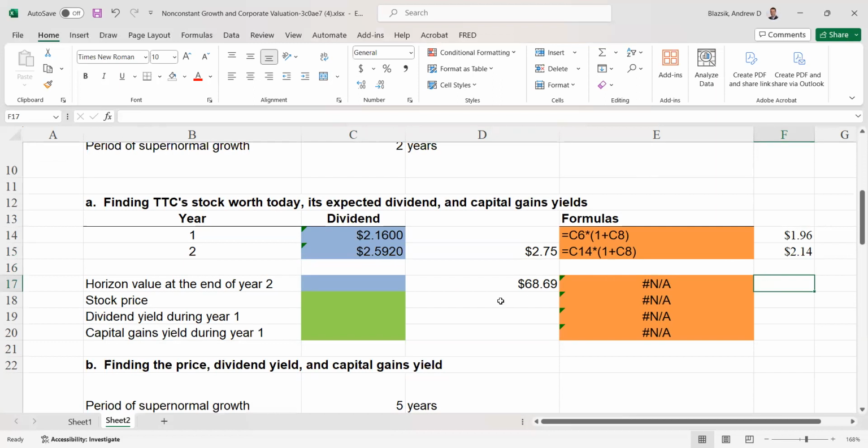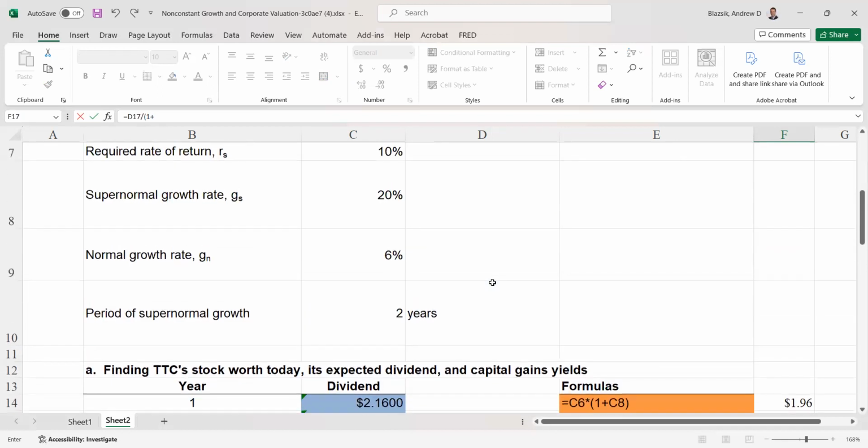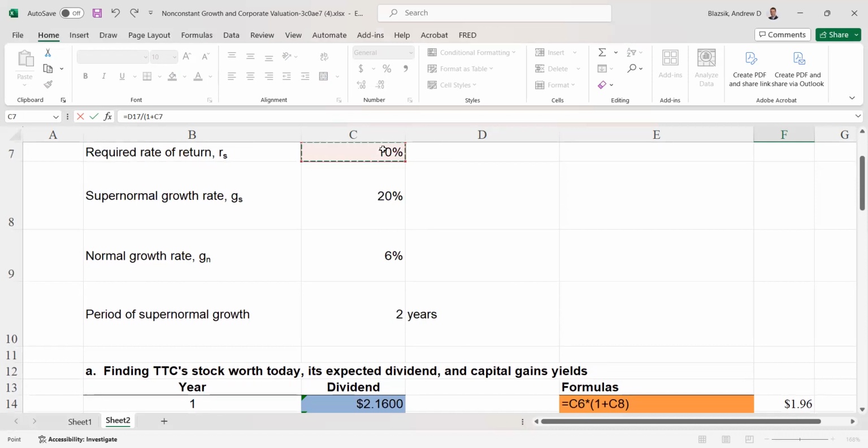So then I have to convert that 68. If I get paid a perpetuity of 6% forever, that's worth 68.69 if I bought the stock in the second year. I need to convert that into the present. So I'm going to say equals this price divided by 1 plus the required return.